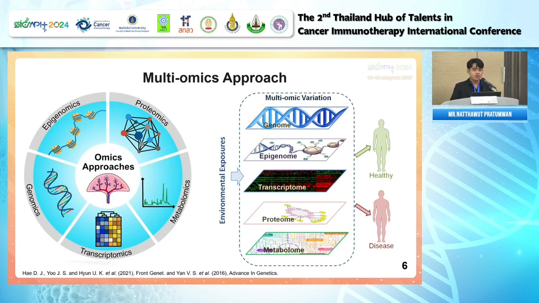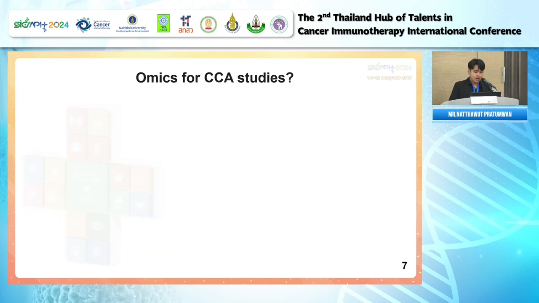Multi-omics is a methodology that combines many omics data to discover the complexity of biological systems, from the gene level to the metabolism, which can indicate the phenotype of the organisms. How are omics or multi-omics important for CCA studies or other cancer studies?